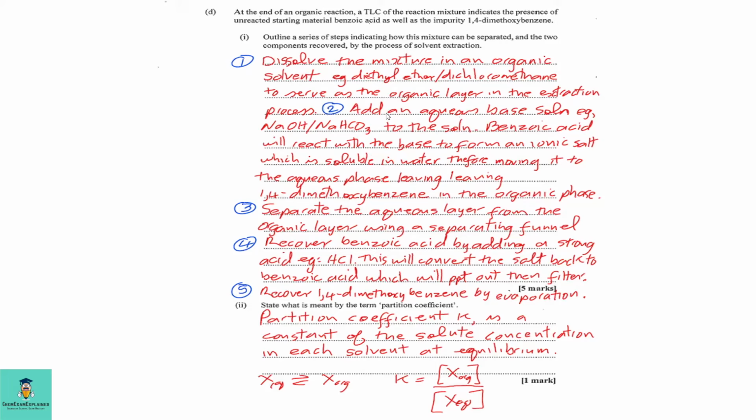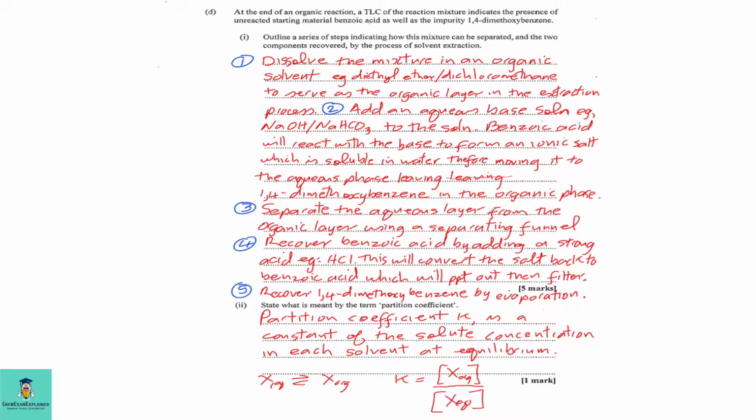2. Add an aqueous-based solution, for example sodium hydroxide or sodium bicarbonate, to the solution. Benzoic acid will react with the base to form an ionic salt, which is soluble in water, therefore moving it to the aqueous phase, leaving 1,4-dimethoxybenzene in the organic phase. 3.